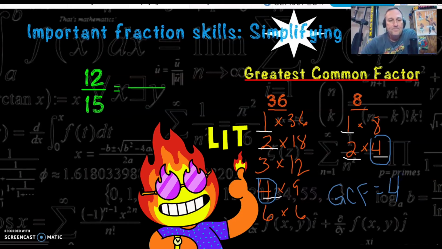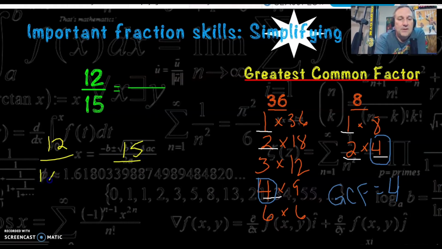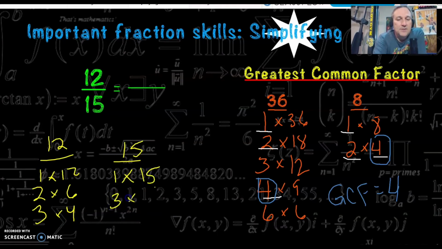Now, what if I did the same thing for 12 and 15? Let's try it out. For 12, I get 1 times 12, 2 times 6. Anything else? Yeah, 3 times 4. For 15, I get 1 times 15, 3 times 5. Anything else? No. What's the biggest number you see up there that they have in common?